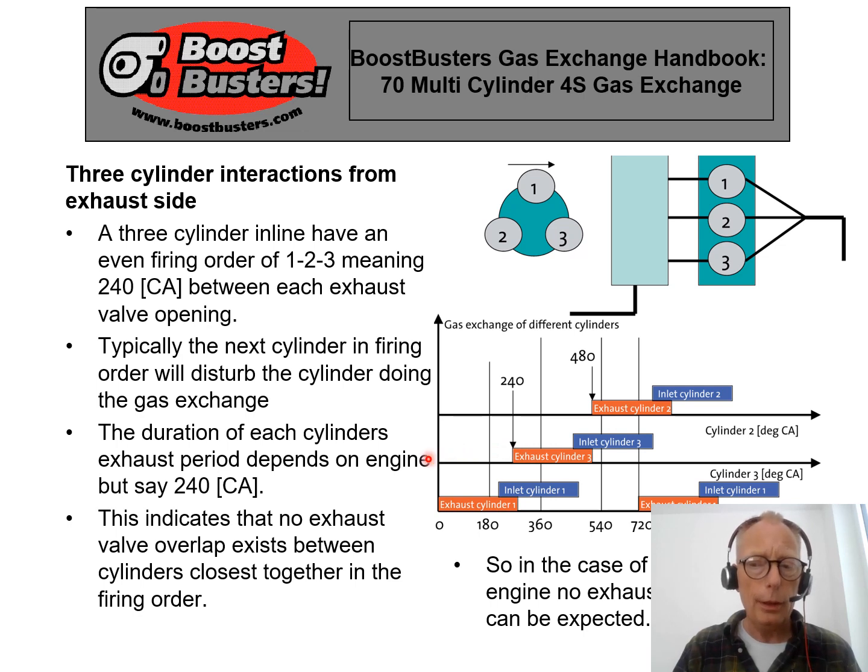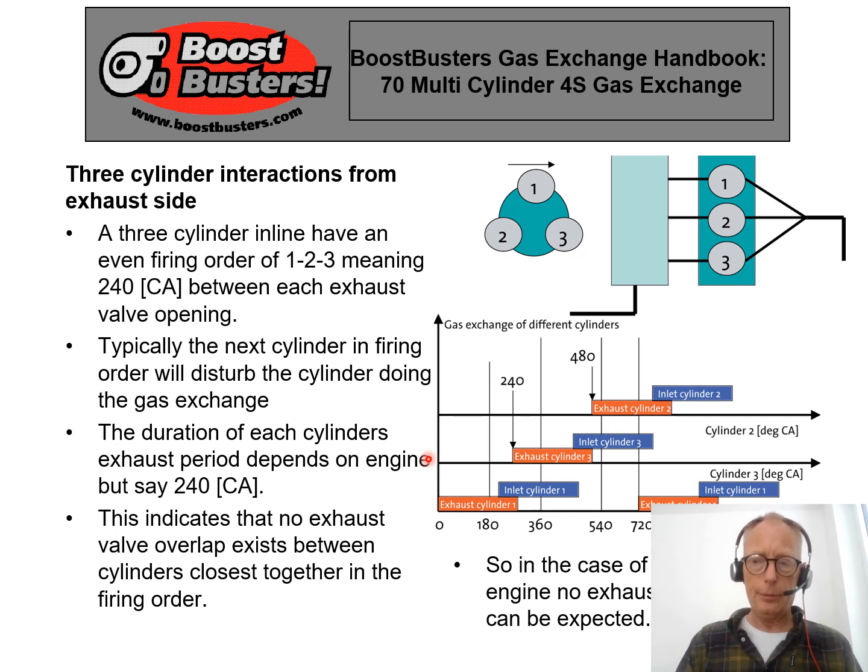Normally, I say normally, in racing applications things could be different, but normally we assume that the duration of an exhaust valve is 240 degrees, which means that the duration of one cylinder's exhaust valve is the same as the spacing between two cylinders which are as close as possible in firing order.